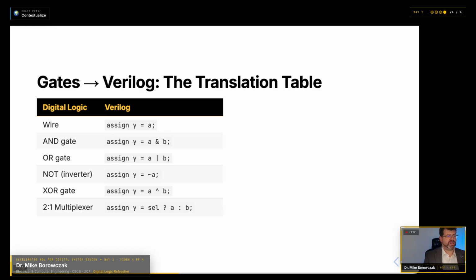And a 2-to-1 multiplexer. So I've got two signals and I want to choose between them, right? The equivalent of maybe an if-then-else or a Boolean split. That is essentially right here, your select question mark true or false branch.